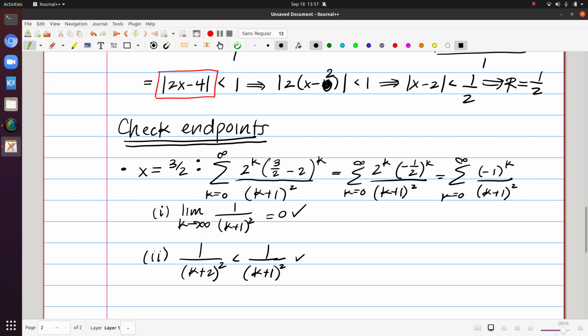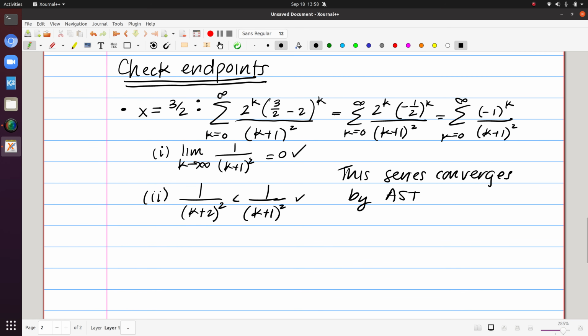So what I get from this is that this series converges by the alternating series test. Now, once I have that, that tells me that I'm going to include this point in my interval of convergence.